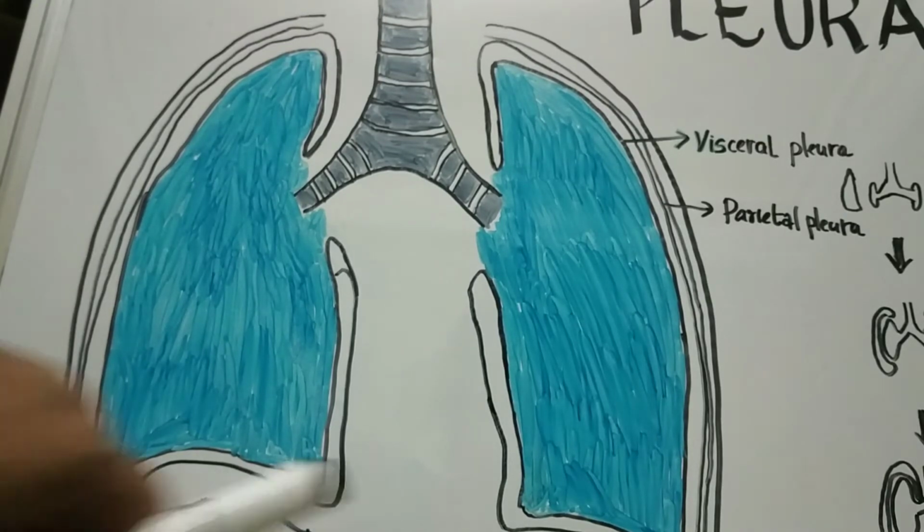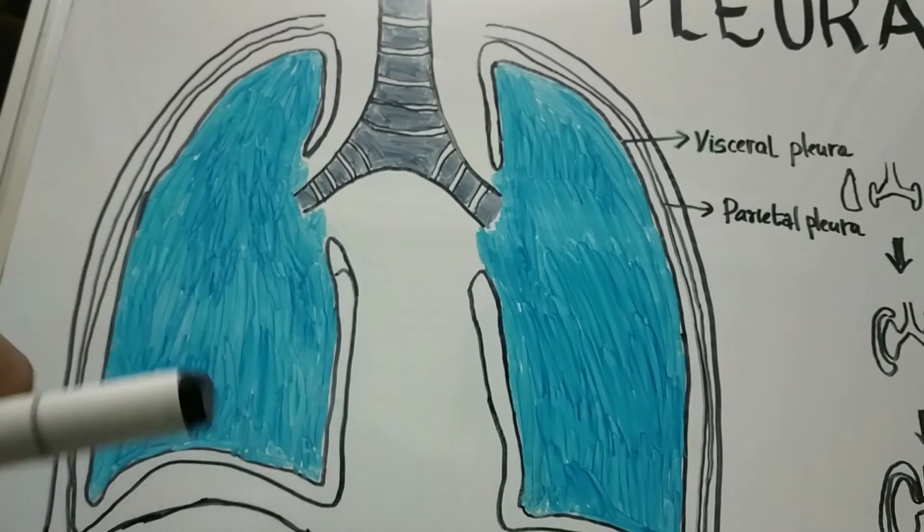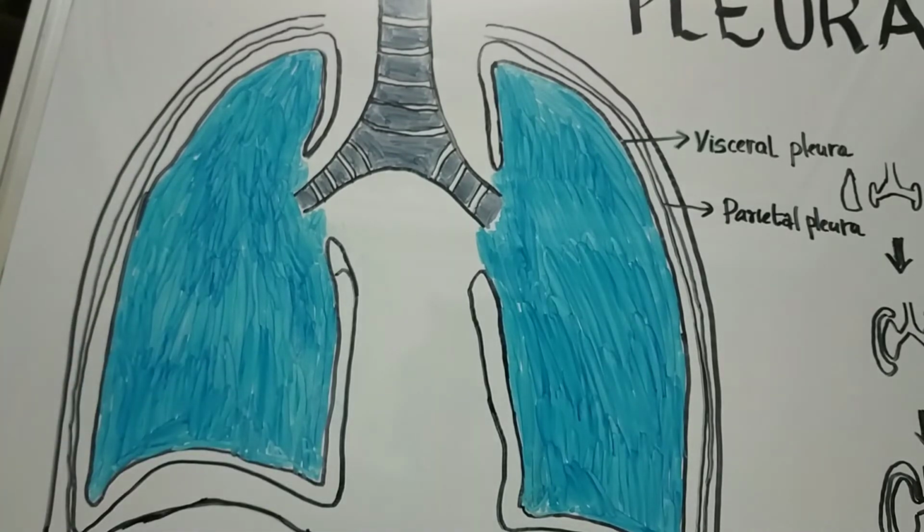These recesses are called the costodiaphragmatic recesses, and they give extra space for the lungs to expand during forced inspiration.